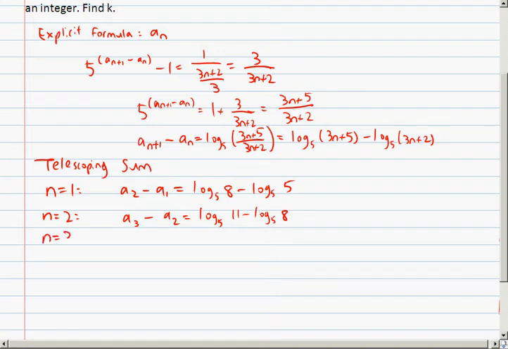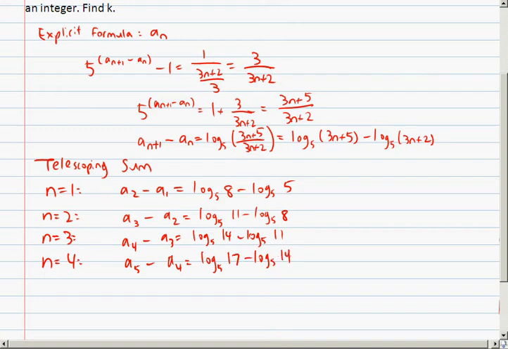For n equal to 3, a sub 4 minus a sub 3 is equal to log base 5 of 14 minus log base 5 of 11. For n equal to 4, a sub 5 minus a sub 4 is equal to log base 5 of 17 minus log base 5 of 14.